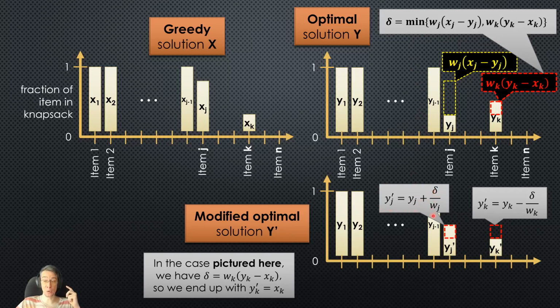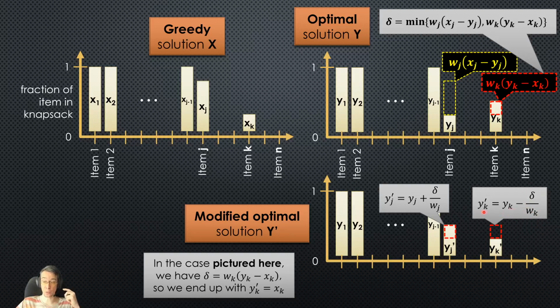Well, it's delta over wj, the weight of the whole item. The weight that we're adding out of the weight of the whole item. And then what's the fraction we're removing from yk? Well, it's delta, the weight we're removing, divided by wk, the total weight of the item. This is the fraction we're removing.